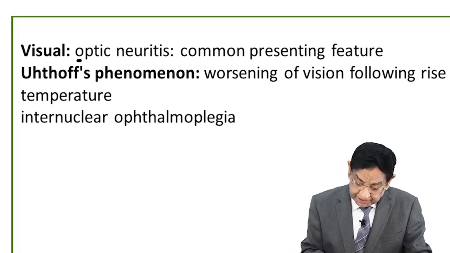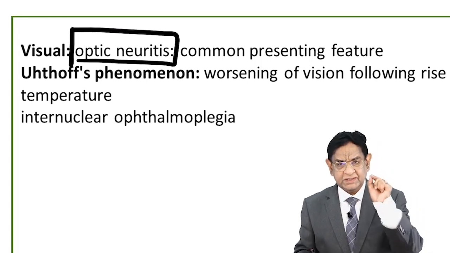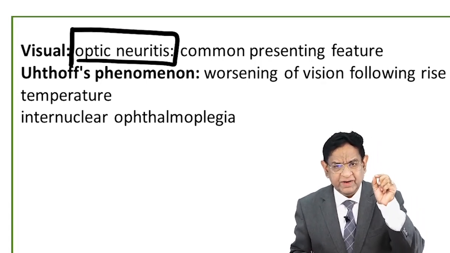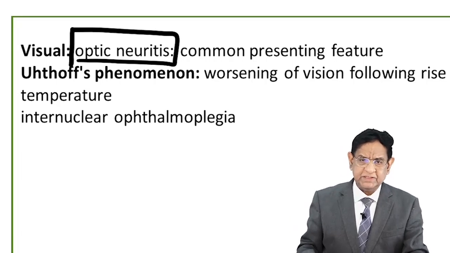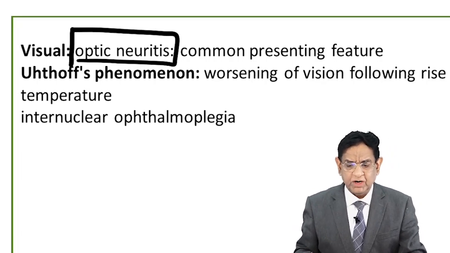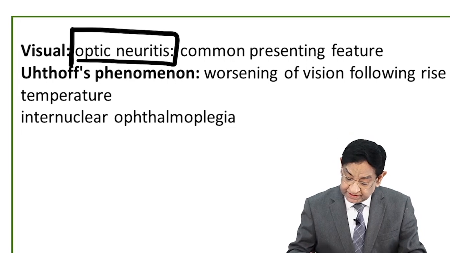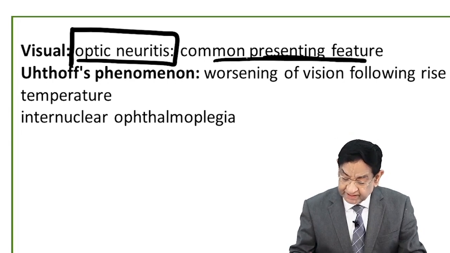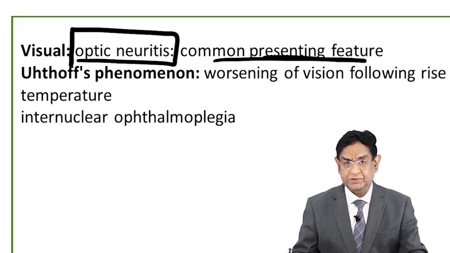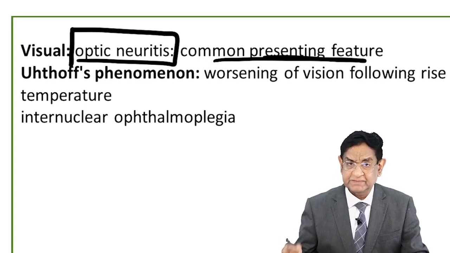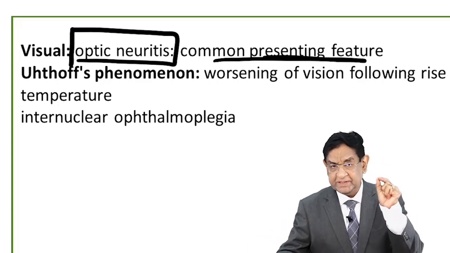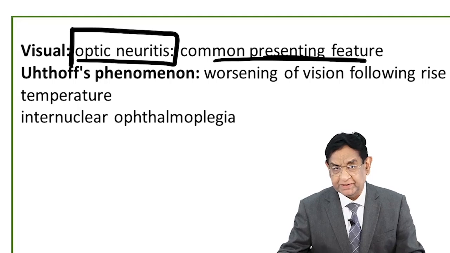Now, what are the other features we are bound to get in a patient of multiple sclerosis? Visual: optic neuritis. This is the classical thing. In fact, whenever you get a question on multiple sclerosis, quite possibly they will talk about optic neuritis. It may be a common presenting feature, like in our patient also. The patient had a problem 1 year back. That means it was a presenting feature.